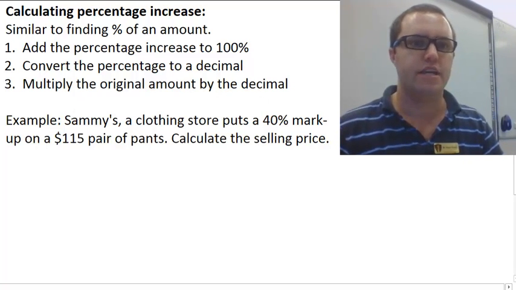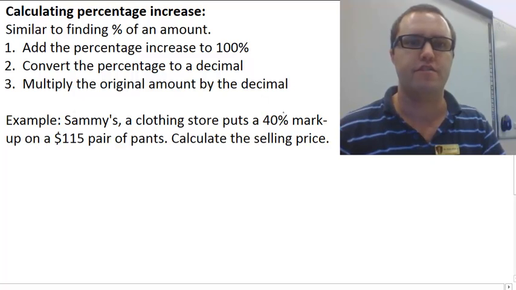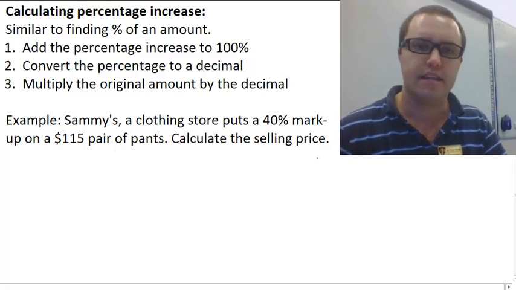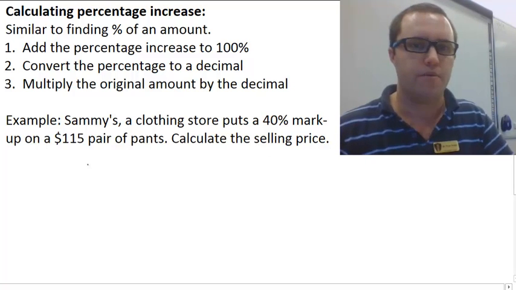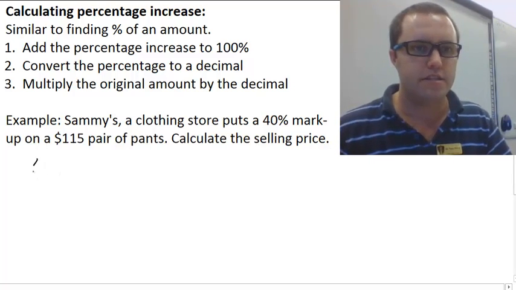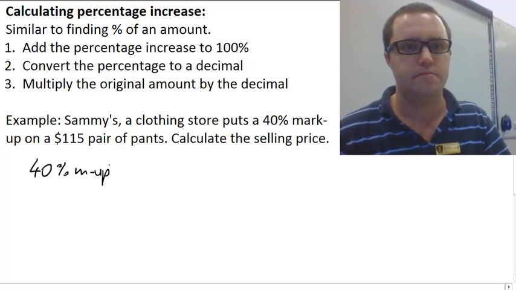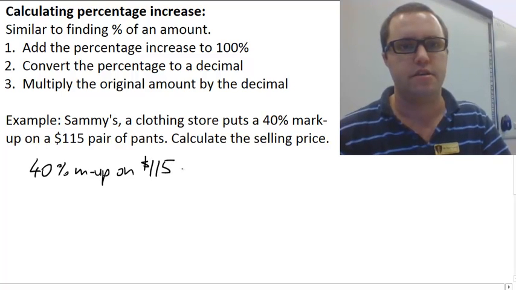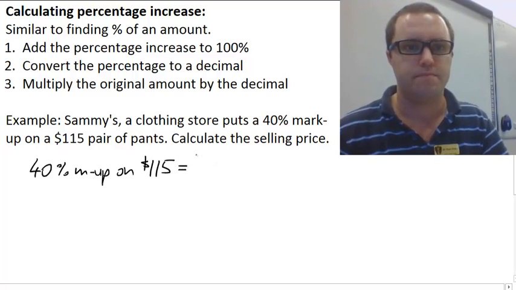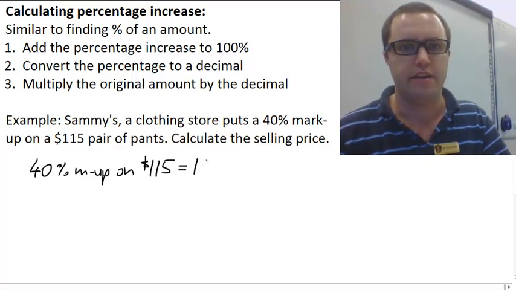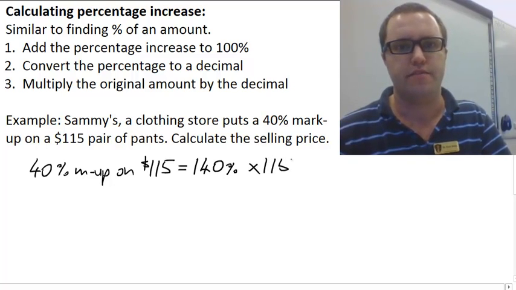Okay, for example, Sammy's, a clothing store, puts a 40% markup on a $115 pair of pants. Calculate the selling price. So you might want to write to yourself 40% markup on $115 is equal to 140% times 115.